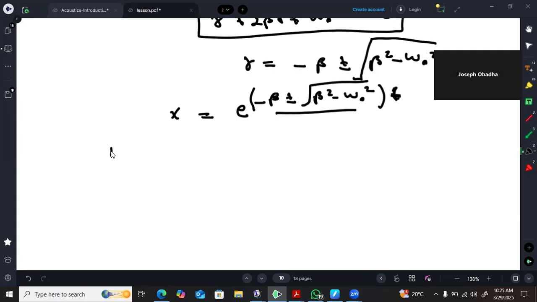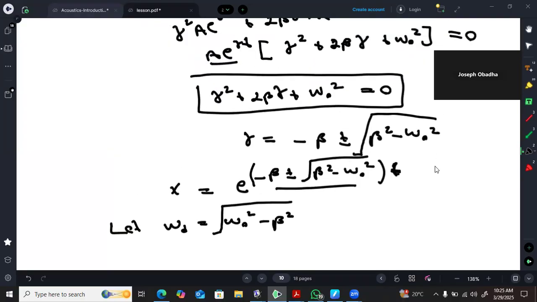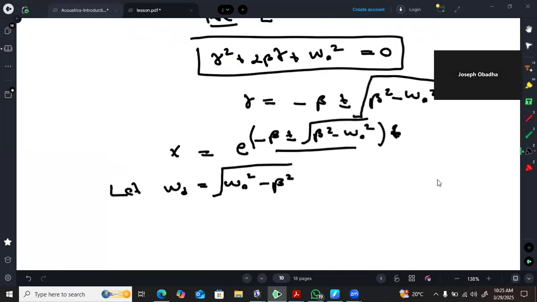For example, let omega d be equal to the root of omega naught squared minus beta squared, where in fact we can say omega d is the damped frequency. Remember, we are saying omega naught is the fundamental frequency.